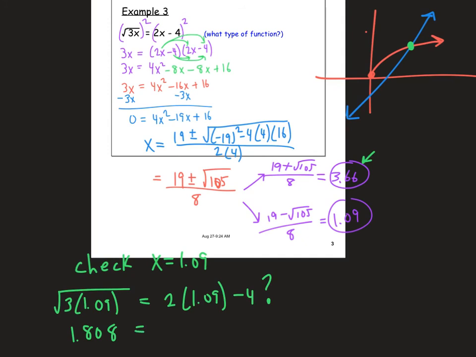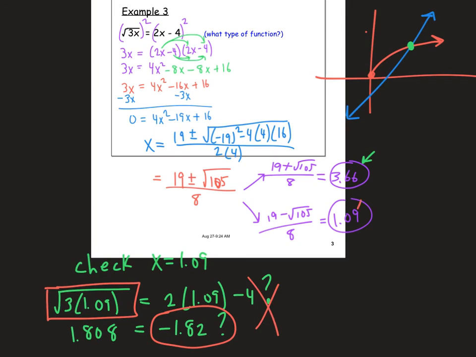And the other side of the equation here, 2 times 1.09 minus 4, is negative 1.82. Okay, does that seem reasonable? Is that right? No, that is not right. I can tell right away that if this side's a negative number, and this side was the square root of something, the square root of something is not going to be negative.